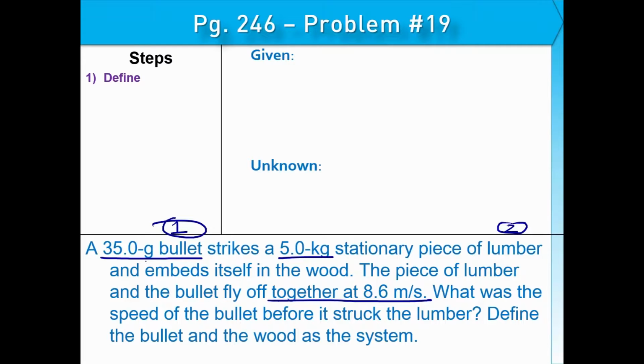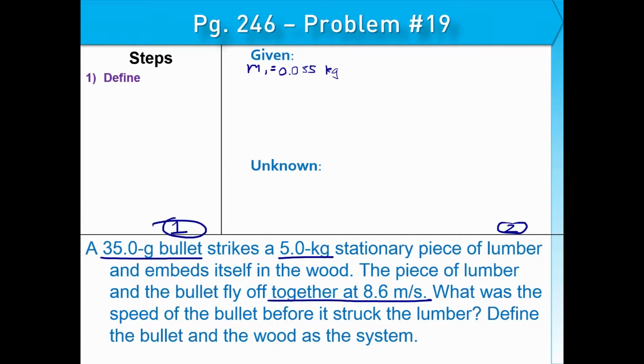So whenever you see grams, automatically convert to kilograms. This is going to be our mass 1. We move the decimal dot 3 spots to the left, so it's going to end up being 0.035 kilograms.